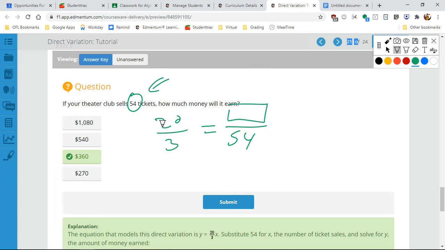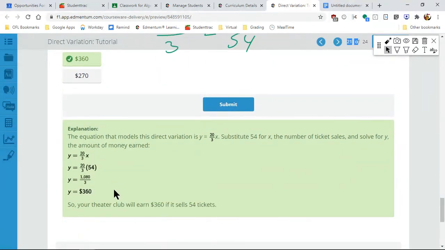I left the answer here because this is quite a bit of work, but it lets me just scroll here and kind of explain it. What they're doing here is they're multiplying the 20 and the 540. Another thing you can do is you can do this divided by 3. 3 goes into 5 one time. 3 goes into 24 18 times. And then multiply that by 20, whichever way works best for you.